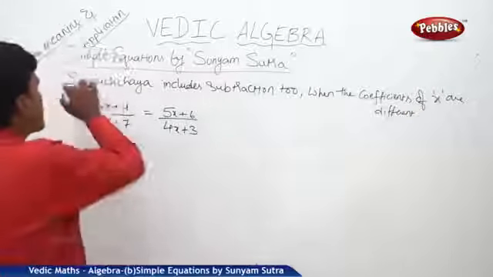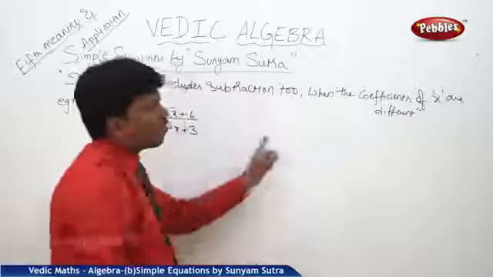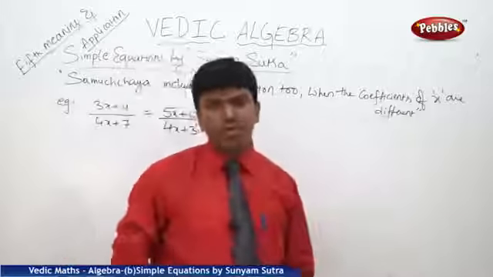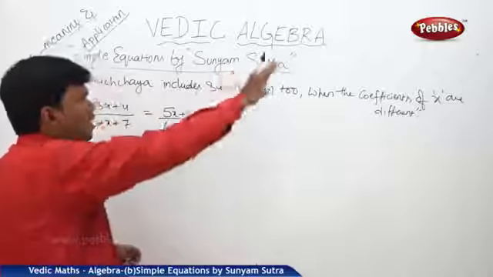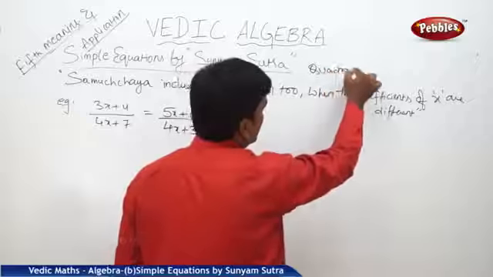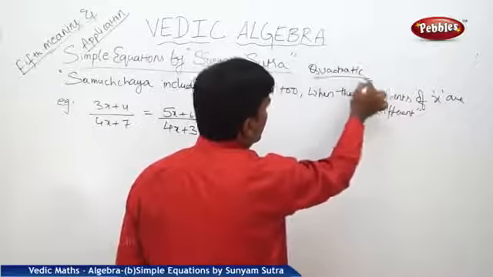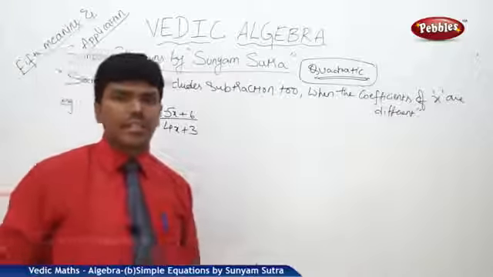And at the same time I want to tell you one thing. This is especially in the case of quadratic equation. So this is for the quadratic equation, remember. Okay. Now let us solve an example in this context.